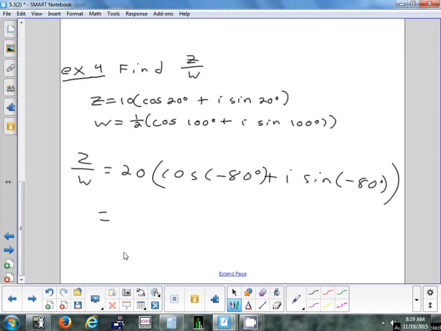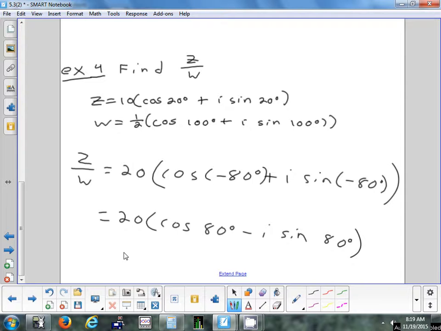What would it be if I rewrite it, just getting rid of the negatives? 20 cosine 80 minus i sine 80. Yep, the negative on the cosine just goes away. Negative on the sine goes in front. Okay. Any question on division?